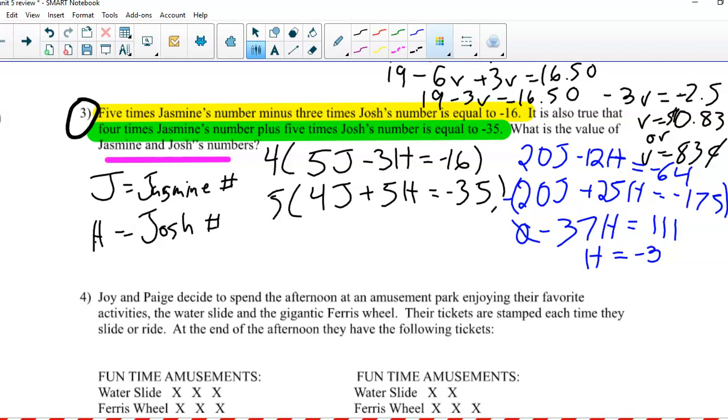Alright, and then we're going to put this back into one of the equations. It does not matter which one, so we can find j. I'm going to put this back into the first one. So 5j minus 3 times negative 3 equals negative 16. Negative 3 times negative 3 is positive 9.